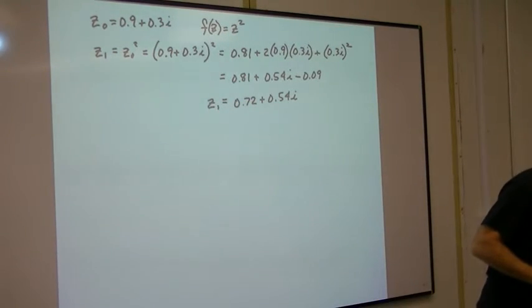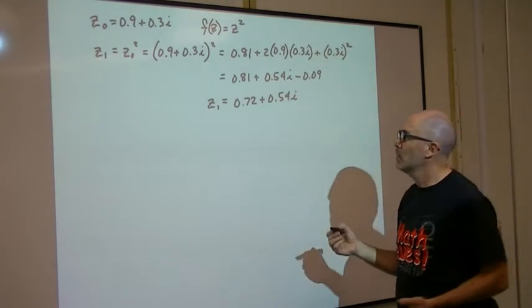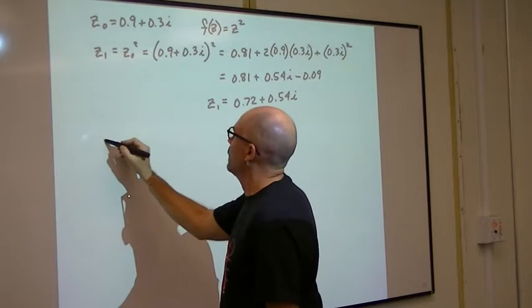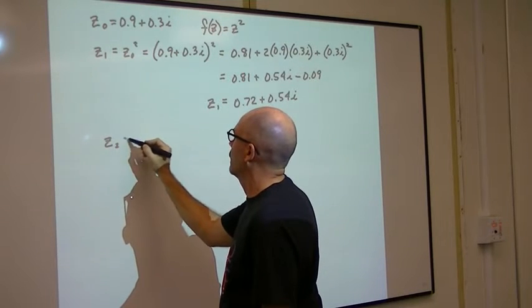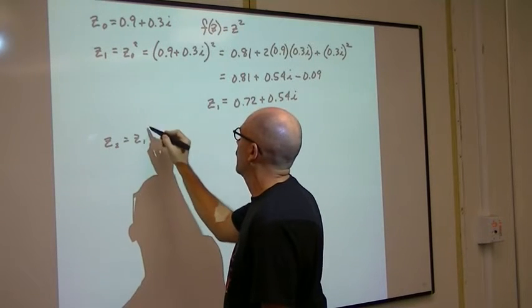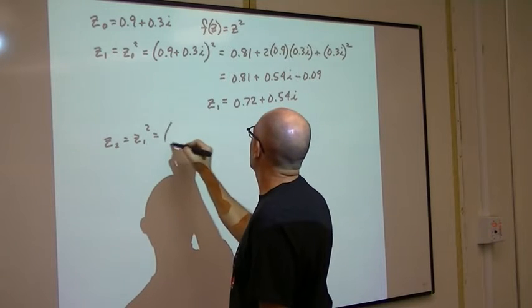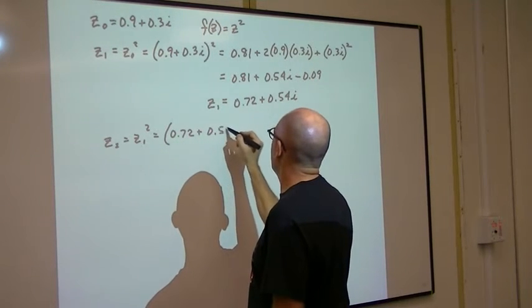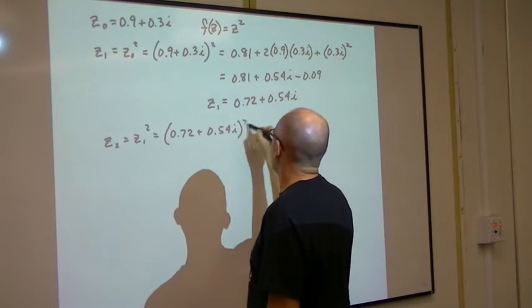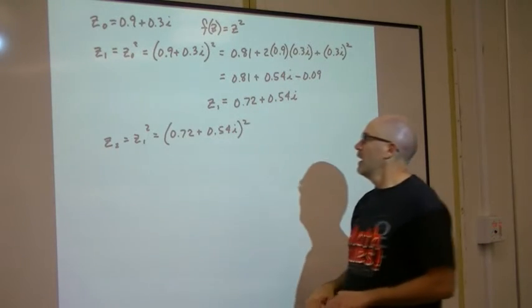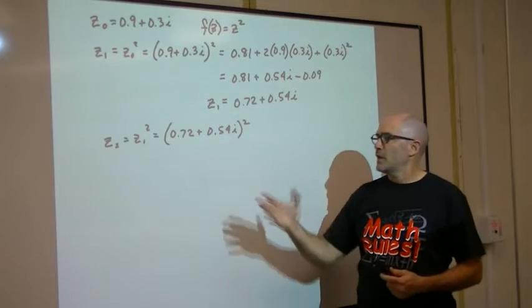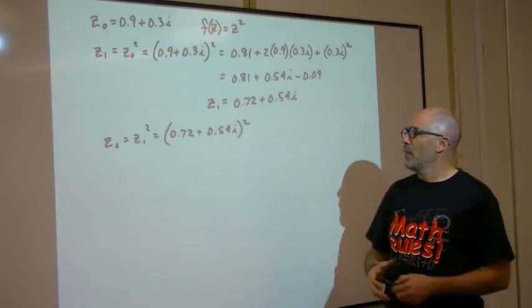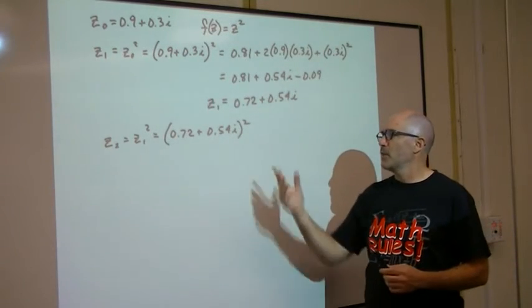Now, z sub 2 is just going to be z sub 1 squared, which equals 0.72 plus 0.54i squared. Now, like I said, I don't want to bore you with going through that. That's pretty mechanical.